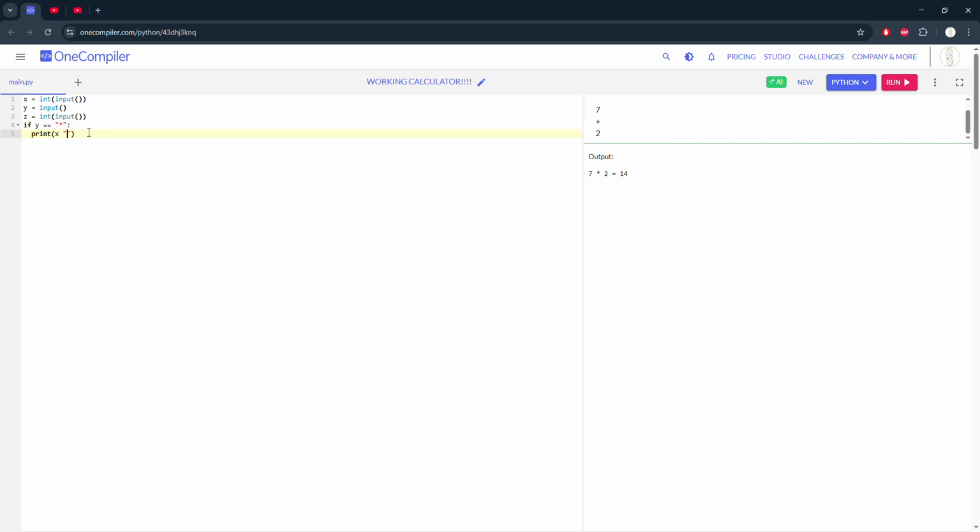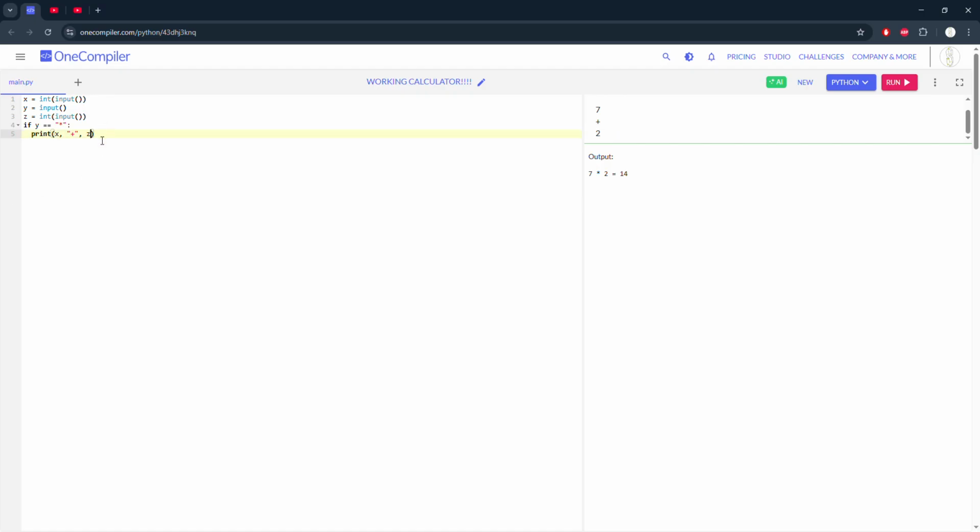Now we write times, and we put a space, and we mustn't forget to separate everything with commas and a space. So, afterwards, we write z, which is our last number. In our case, it's a 2.